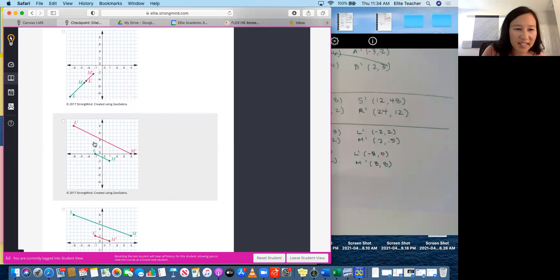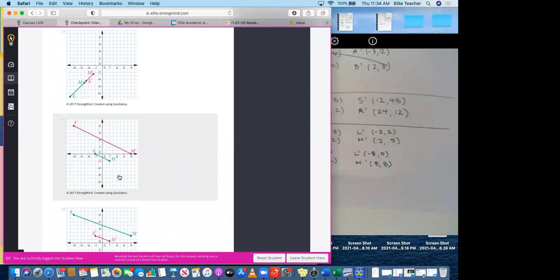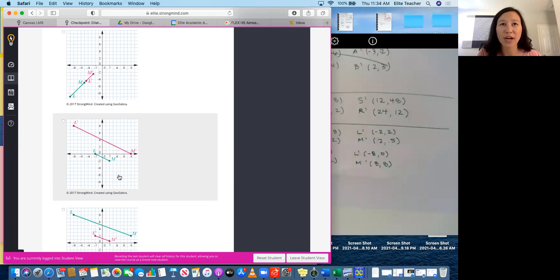And Abel, for this graph. Okay, perfect. So this only had a scale factor of 2 and not 4.